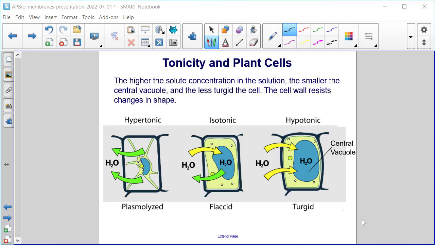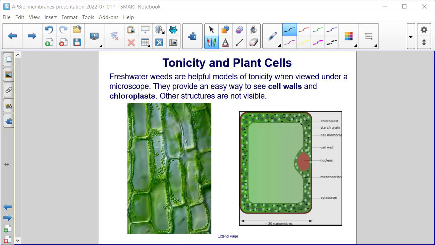So the higher the solute concentration in the solution, the smaller the central vacuole. So look at how the central vacuole gets smaller as the amount of solute on the outside of the cell increases. Freshwater weeds are helpful models of tonicity when viewed under a microscope.